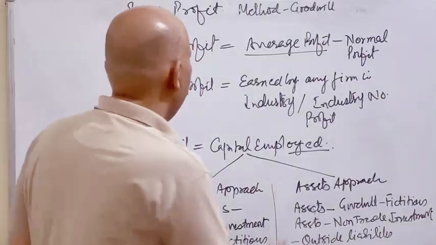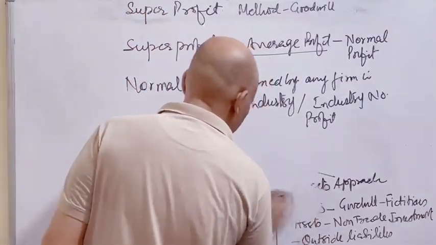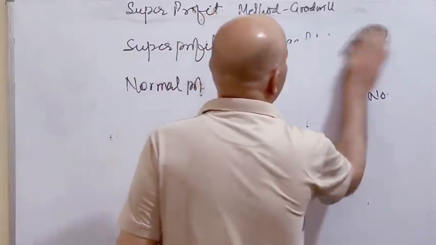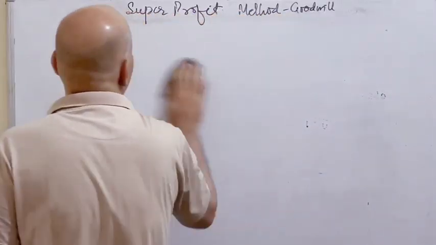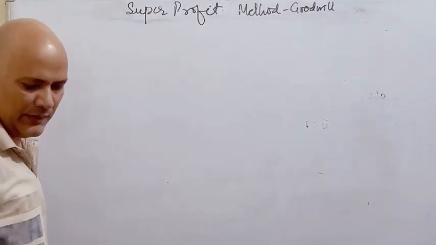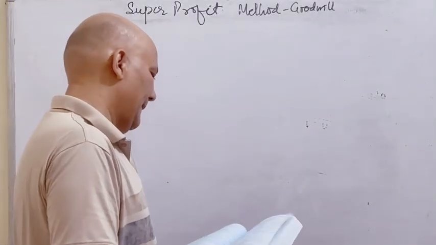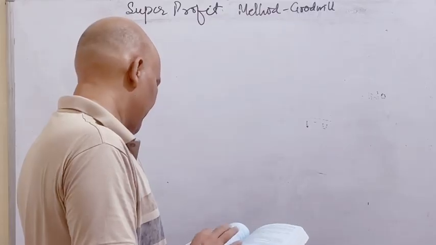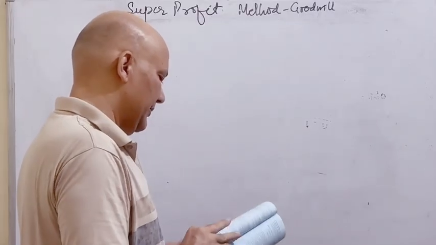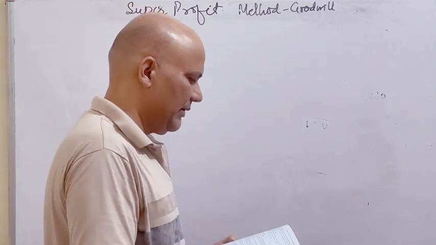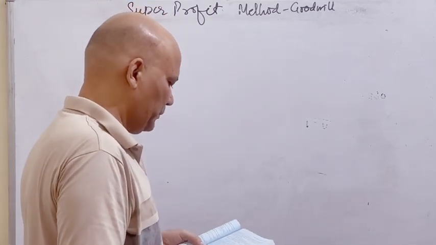So let's see one question so that you can understand more. Let's take the question given in TS Grewal on the super profit method, where we also have to find the capital employed.